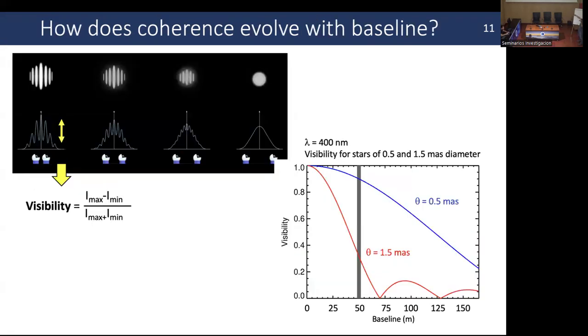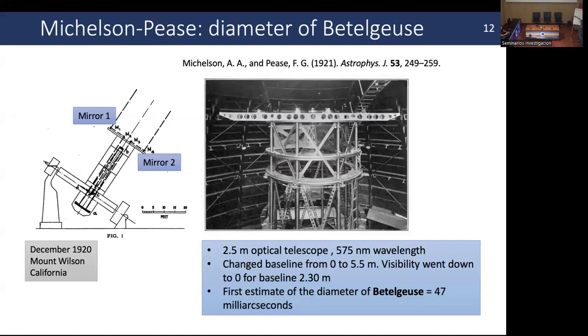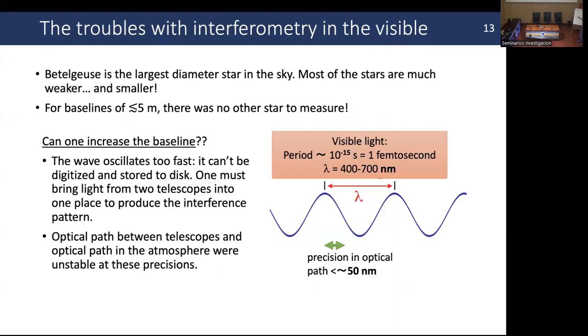They played exactly this trick, okay? And they could measure for the first time the diameter of Betelgeuse, which is huge, 47 milliarcseconds. This is how they did it with these small baselines. Betelgeuse is the largest diameter star in the sky.